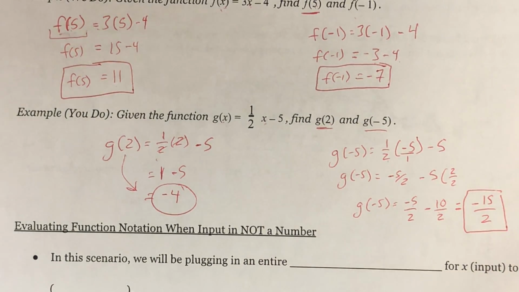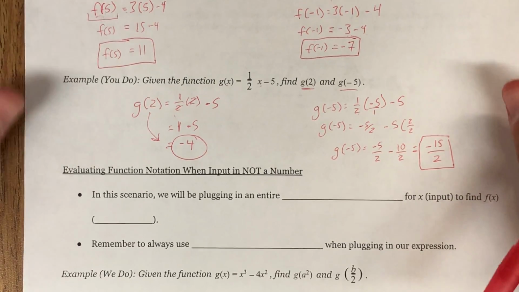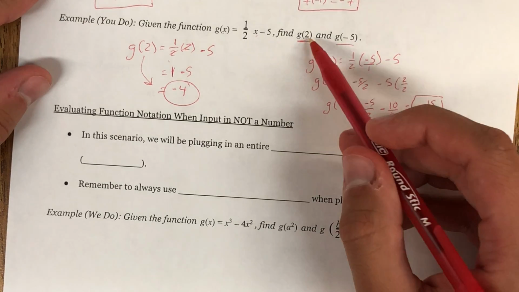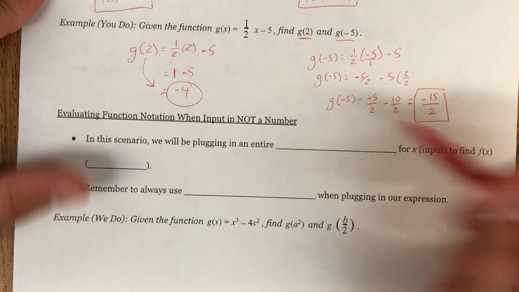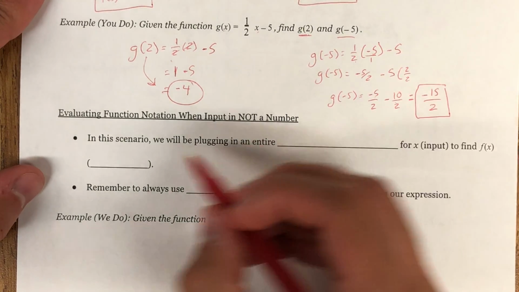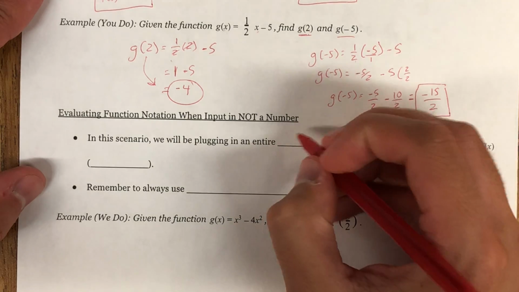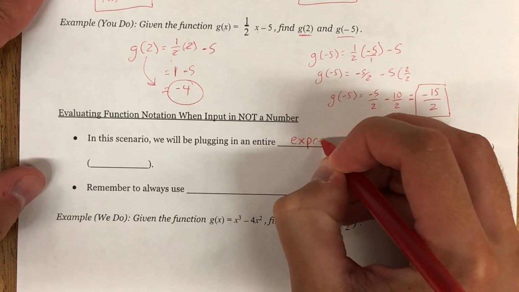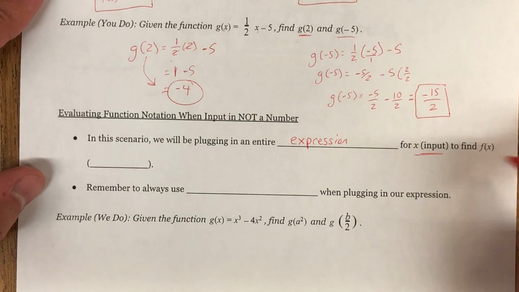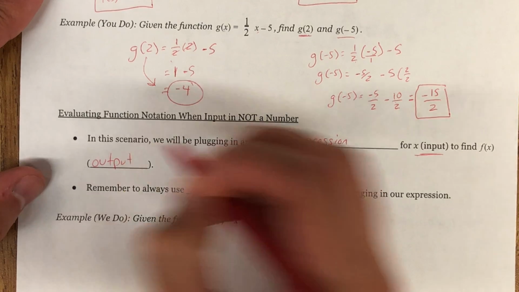So that's function notation when you're just using numbers. There are situations where you'll use function notation where the thing you're inputting, your inputs, the thing inside parentheses, is not a number. So in that scenario, instead of plugging in a number, we'll be plugging in an entire expression for the input to find f of x, which again is just our output.